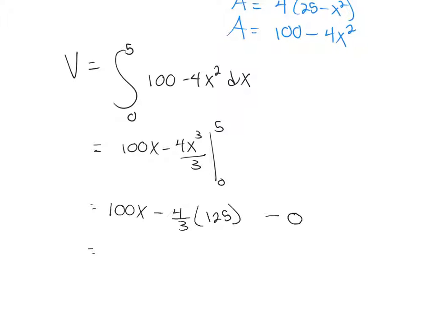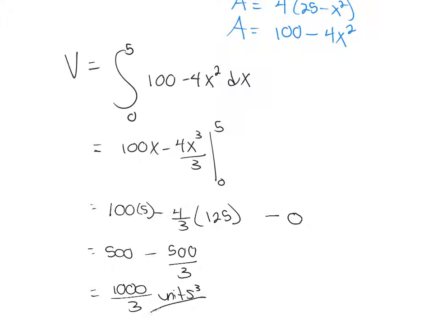Oh, whoops, I forgot to plug in. Sorry about that. We forgot to plug in the 5 right here. So that would be obviously times 5 when I plugged in 5. Okay, so then I'll have 500 minus 500 thirds, which is a total of 1,000 thirds units cubed. All right, and that's the volume.